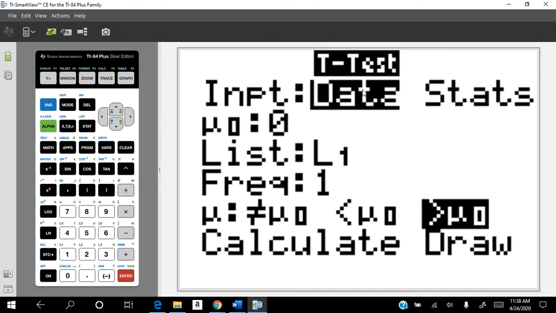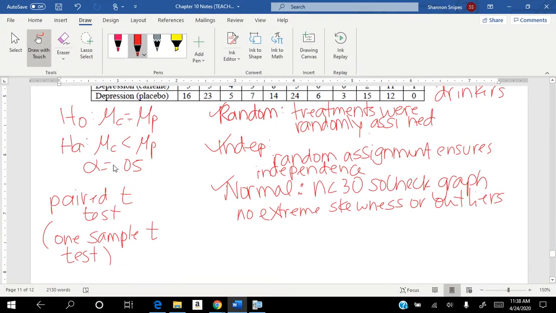So we're going to have our data. Our null hypothesis is 0. And I'll come back over here and remind you. If you do mu sub c minus mu sub p, the difference between these two is equal to 0. If the caffeine really doesn't make a difference and the depression rates are the same for both groups, then the difference would be 0.